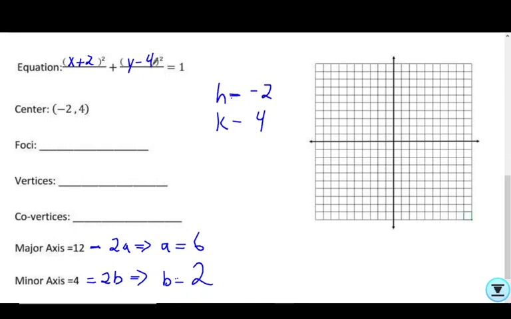Then you could just decide whether this is going to be vertically major or horizontally major. Since the last one was vertical, I'm going to make this one horizontal. So a is 6, so this is 36, and b is 2, so this is 4. 2 squared is 4.